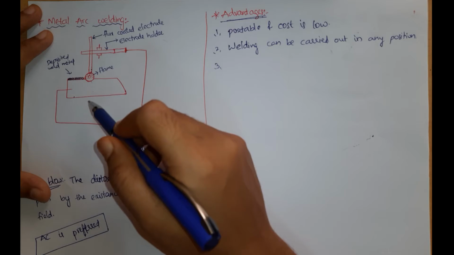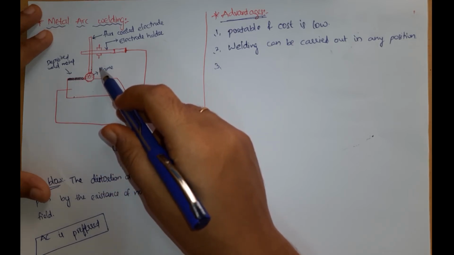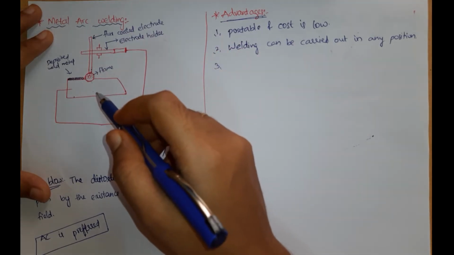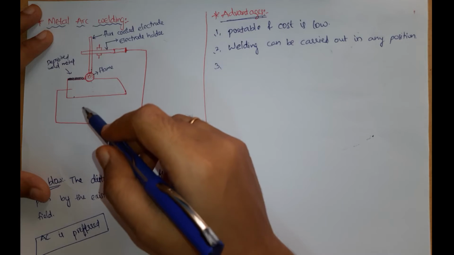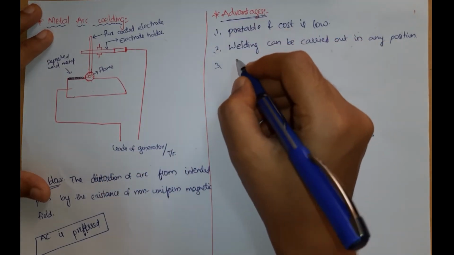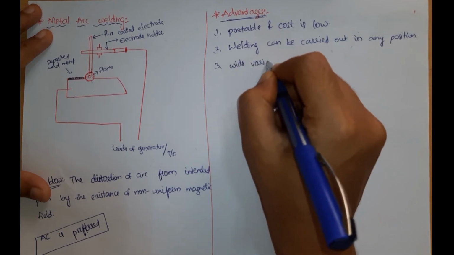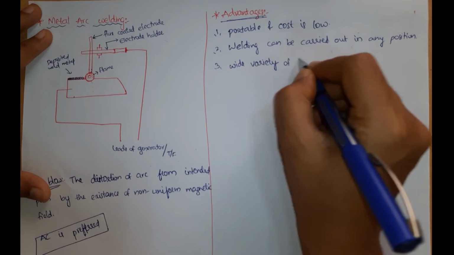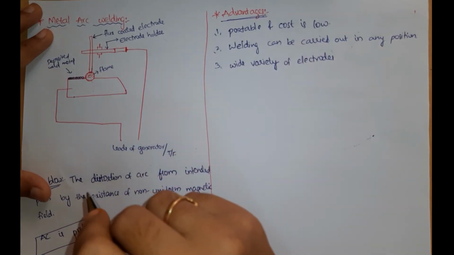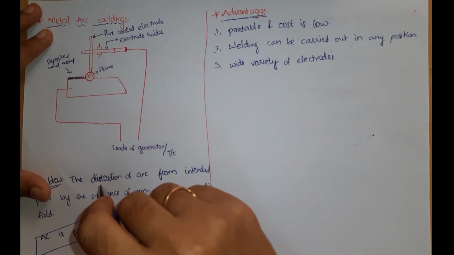Whatever the metal to be welded, the same is the filler electrode. So if an electrode is possible with the same metal, you can weld that workpiece. Because of the availability of a wide variety of electrodes, it finds numerous applications. This is one of the advantages.